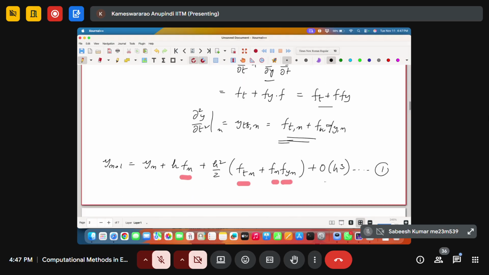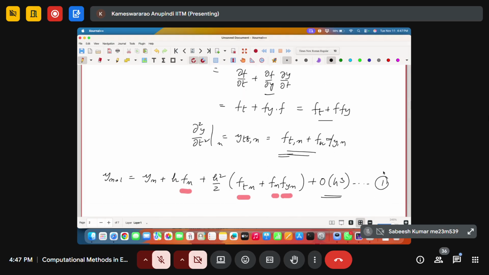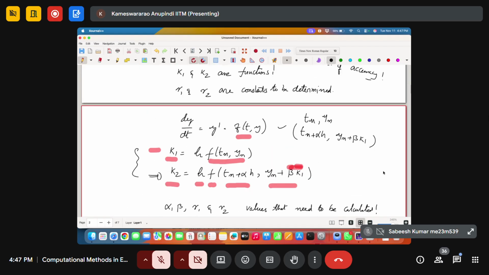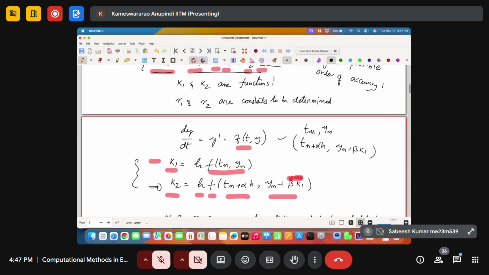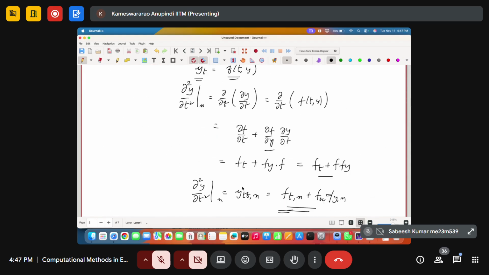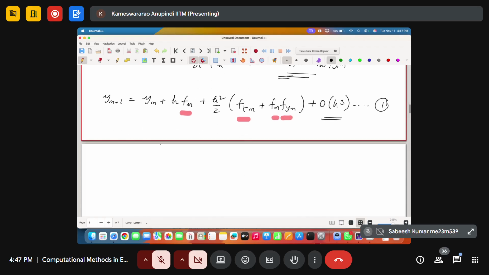So I want to equate that equation to equation 1, but we realize that this equation we have written is still in terms of K1, K2, which are themselves functions. So I'm going to expand them again using Taylor series.